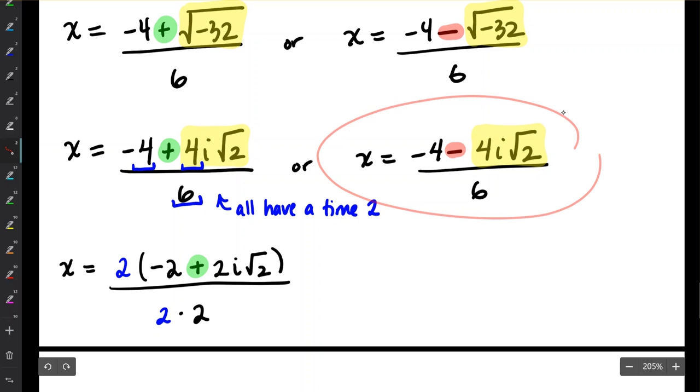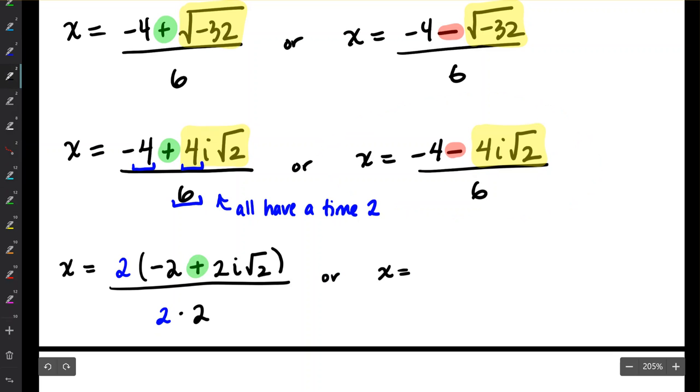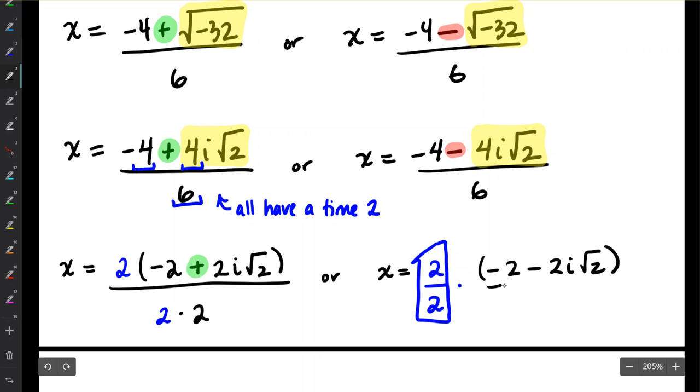This guy is exactly the same, only instead of the plus, there's a minus. And maybe this is a nice way to write it, if this is helpful for you, to see the 1, 2 over 2 times a negative 2 minus 2i square root of 2 all over 3.